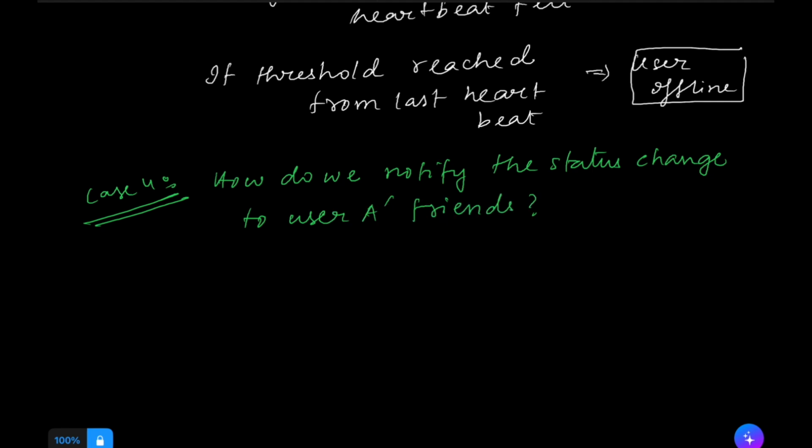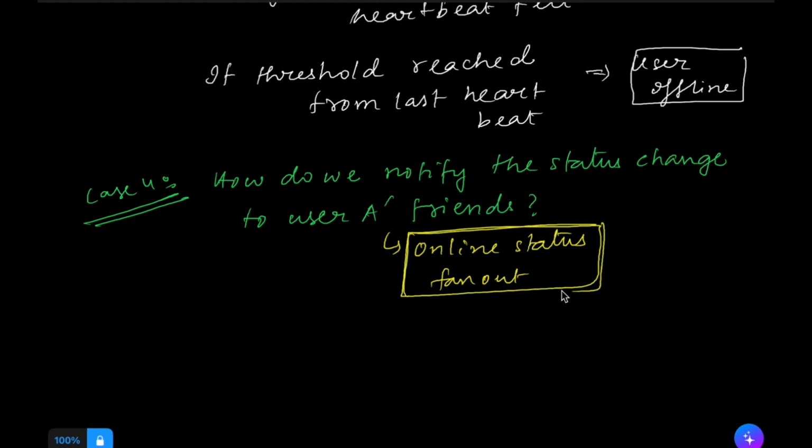This is termed online status fan out. We need to show in the UI of the user that the friend is currently offline or online. How do we do that? How do we fan out that notification?